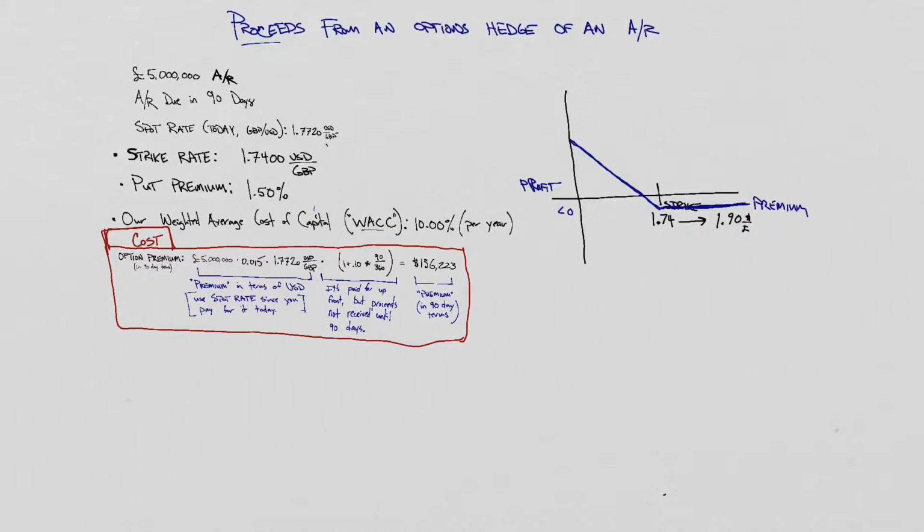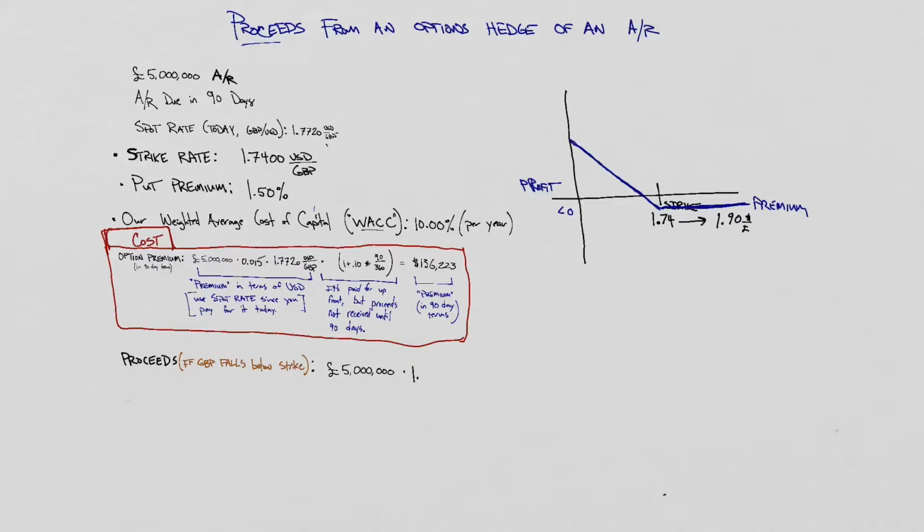And as far as the formula for that, reflecting it in terms of the proceeds that we get, if the British pound falls in value, specifically below the strike, to calculate the proceeds, all we really need to do is multiply that 5 million accounts receivable, which is also the size of this put option that we bought, by the strike price.